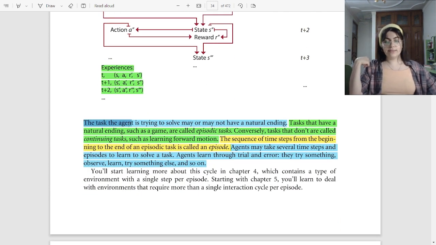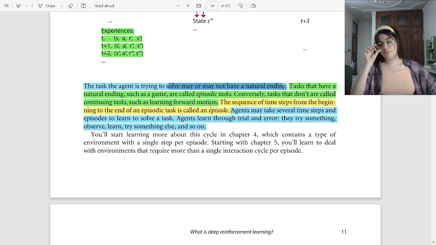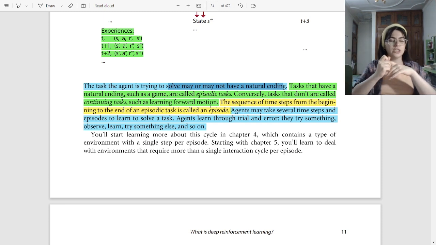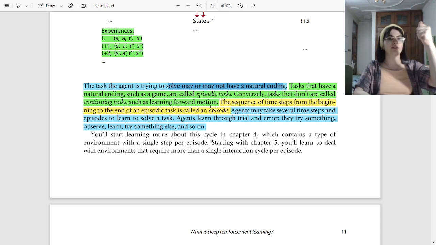The task the agent is trying to solve may or may not have a natural ending. So sometimes we have a natural ending, sometimes we don't. For example, there are some problems called bandits, which we will learn, but they are just one state. Consider that you go to a casino and there is this bandit machine, a slot machine, where there is just one action to take.